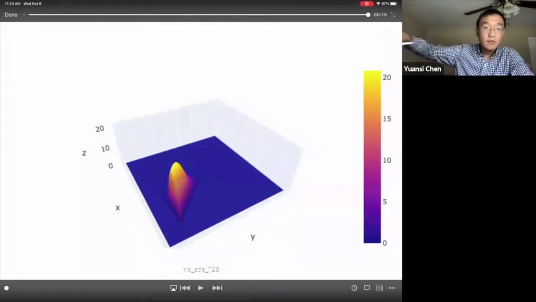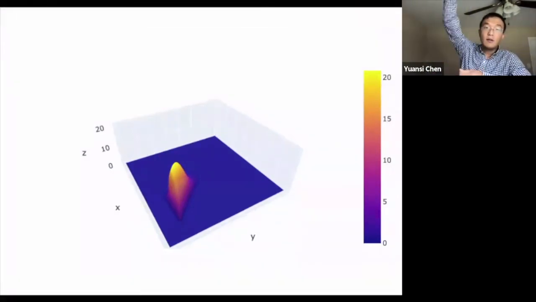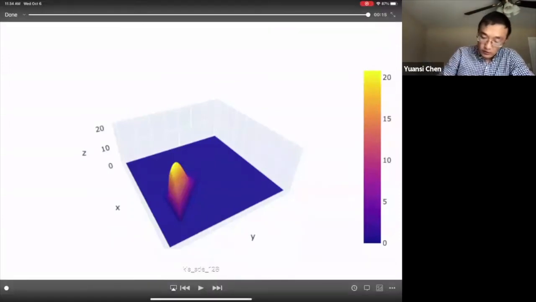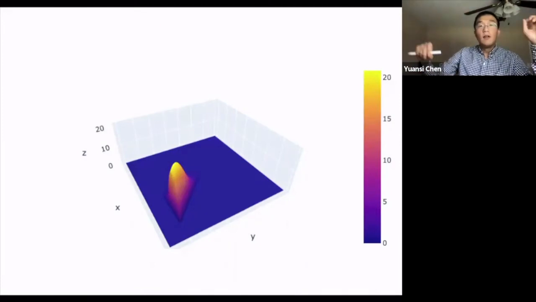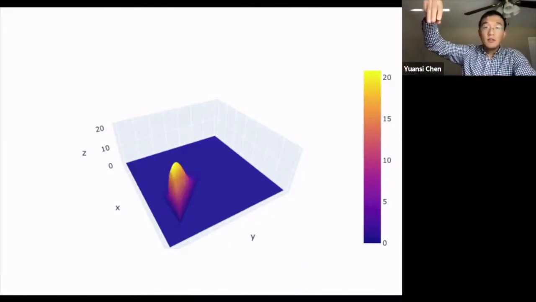If you run it for longer, it becomes sharper and sharper. And if you use a different random seed, the location of the Gaussian will be different. But the rough idea is that you are transforming your original density by making this Gaussian appear.